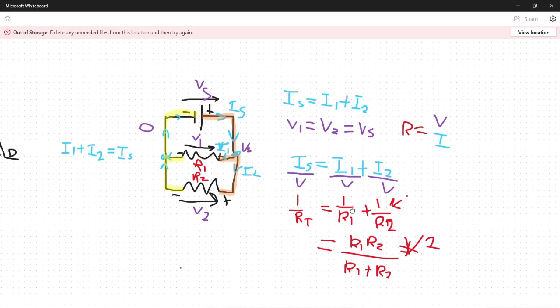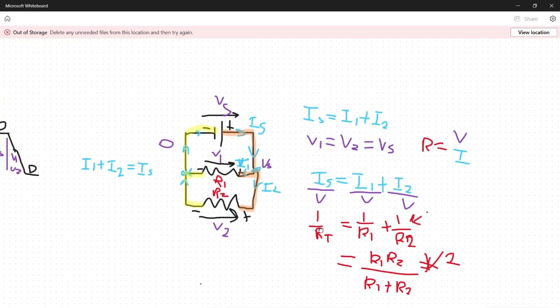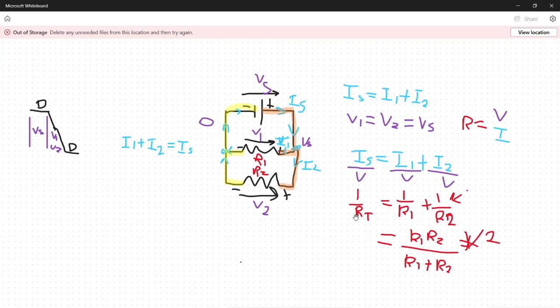Now, just like with voltage in series, where we had something called the voltage divider rule, we also have something called the current divider rule, because current does split. Now, how we calculate the current in, let's say, branch 1. Now, a branch, by the way, I forgot to mention this in my series video, but a branch is something that has the same current, but it might have different voltages across it.